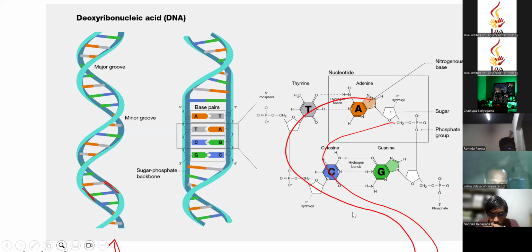So what you have to understand as computer scientists at this point is that there are four different types of molecules that make the DNA structure.